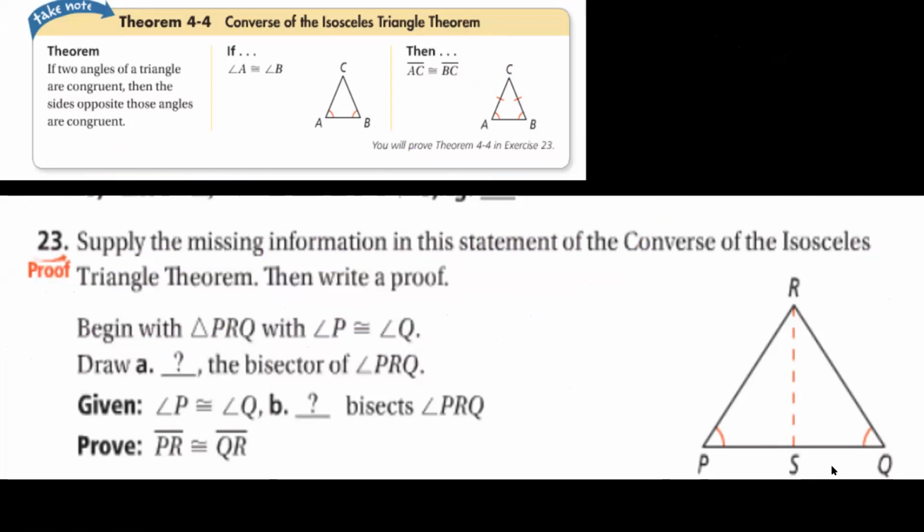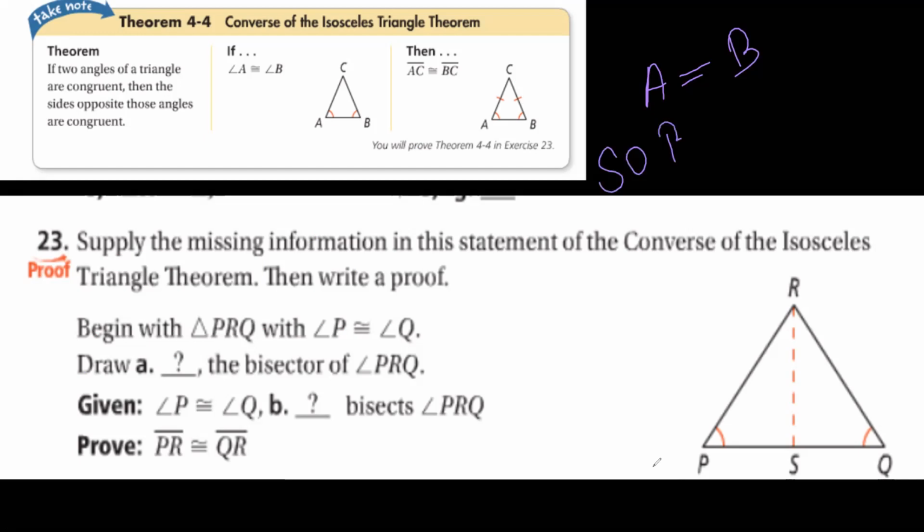If A is equal to B, so B will equal A. Okay, like inverse.